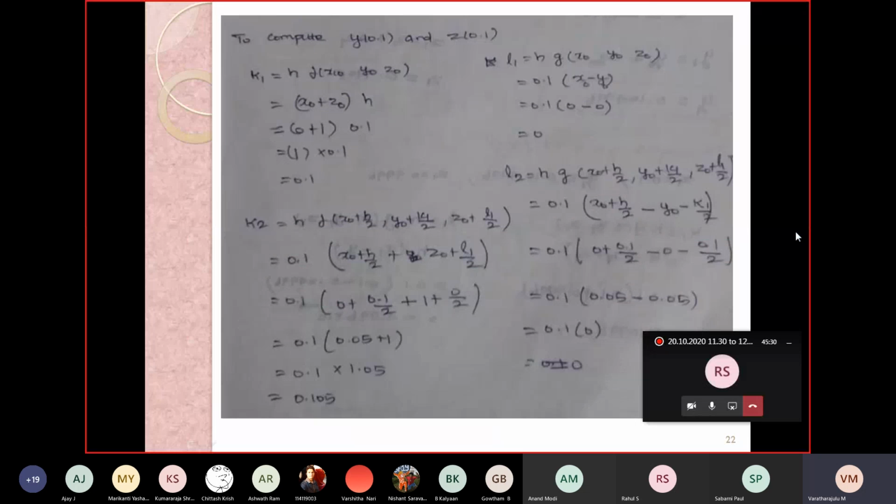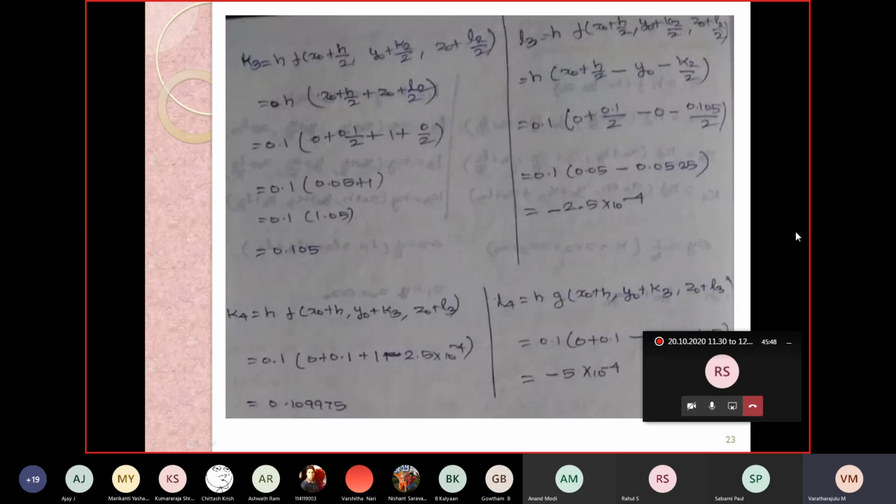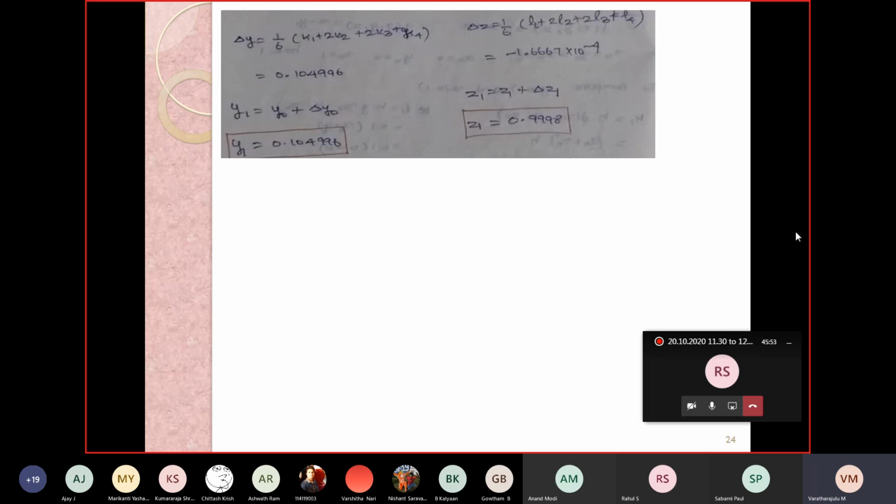At x equal to 0.1, we have k1, k2 on one side and l1 and l2, and this is our k3 and l3, here k4 and l4, and our delta y.